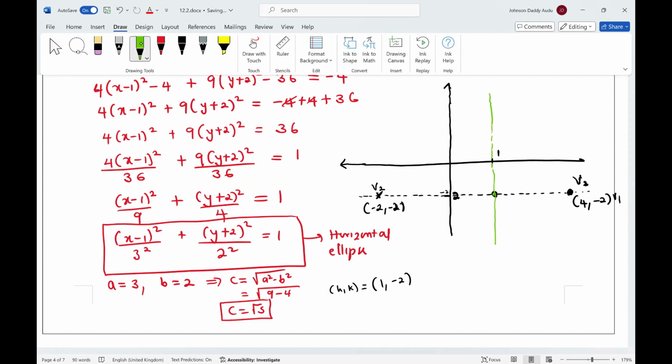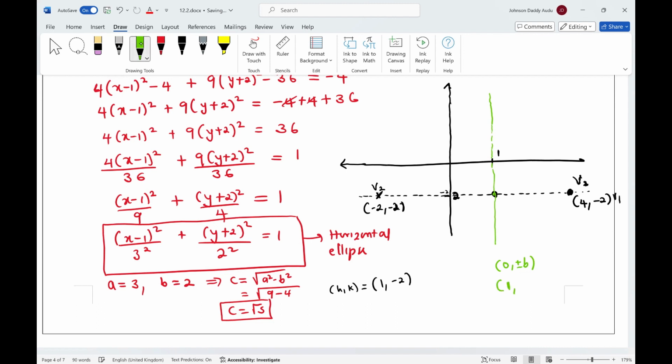But now, how do we know what the length will be? We know it used to be plus minus b and 0, because we were dealing with a horizontal ellipse centered at the origin. But now, this is a vertical line. So the value of x is not 0, but the value of x is 1.